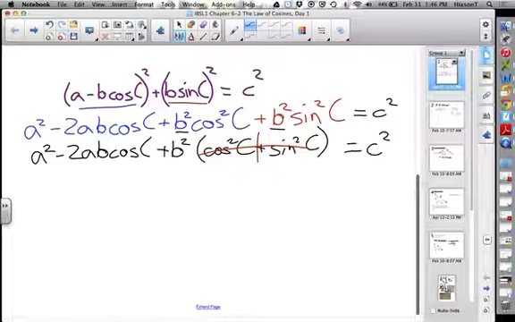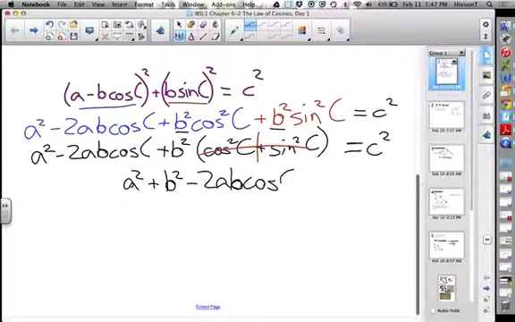Now, I'll show you that's okay. Typically, when we write this, though, we'll put the a squared and the b squared at the beginning. So it'll be a squared plus b squared minus 2ab times the cosine of angle C equal to c squared. And that is our law of cosines.